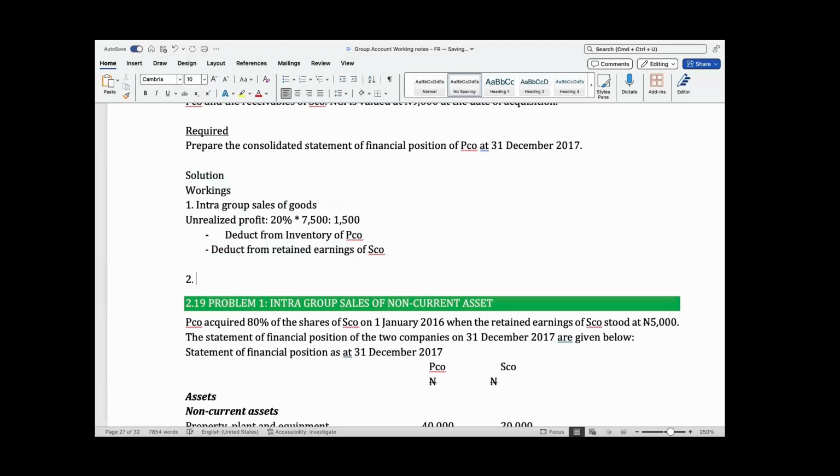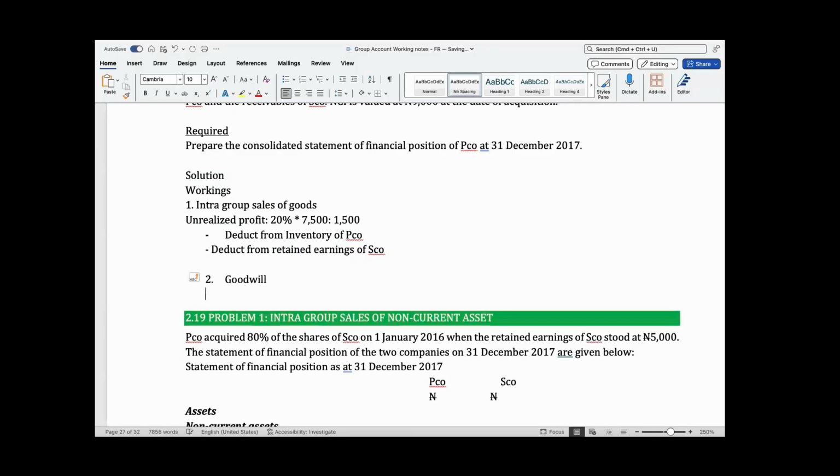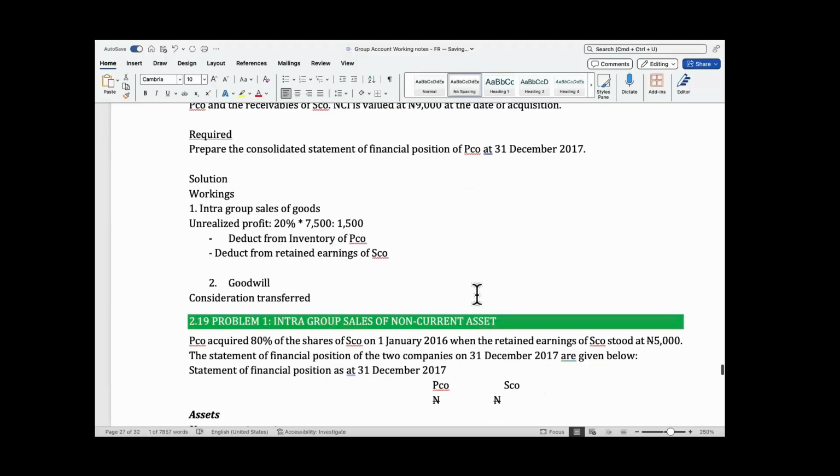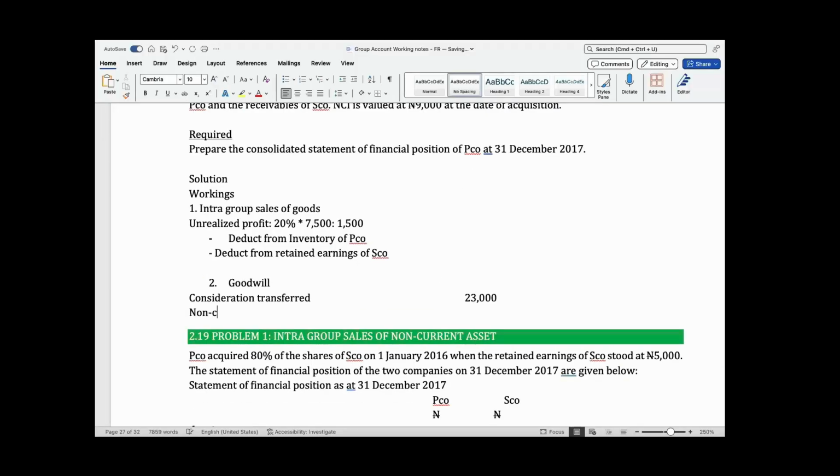Then the cancellation. What was the consideration transferred? How much did the parent pay? 23,000. How was NCI measured?